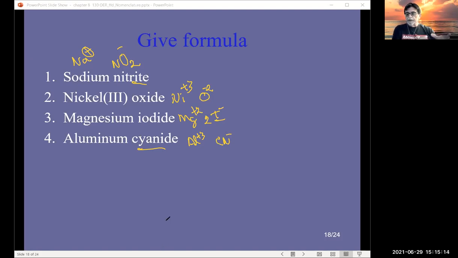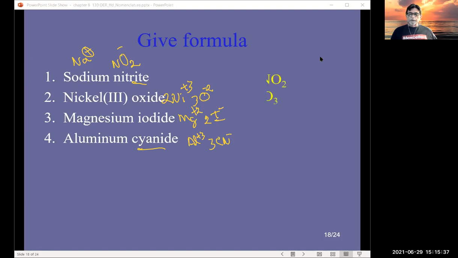So when you're given a name, put everything in ions first so that you know how many of each you need to put together. And so I need 2 nickels and 3 oxides. I need 2 iodides, and I need 3 cyanides here.